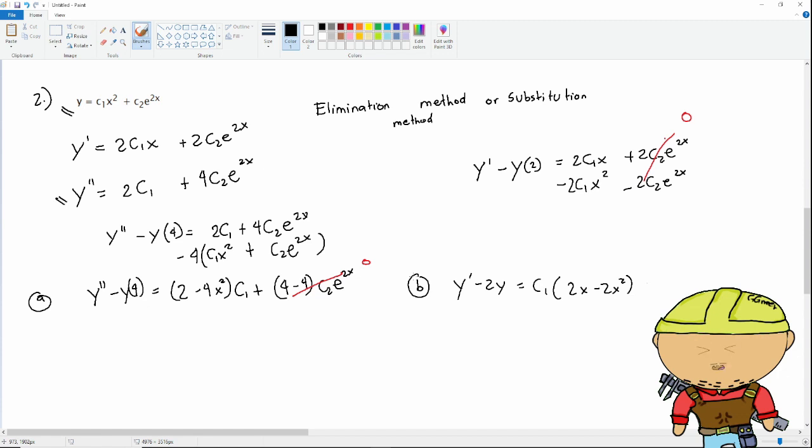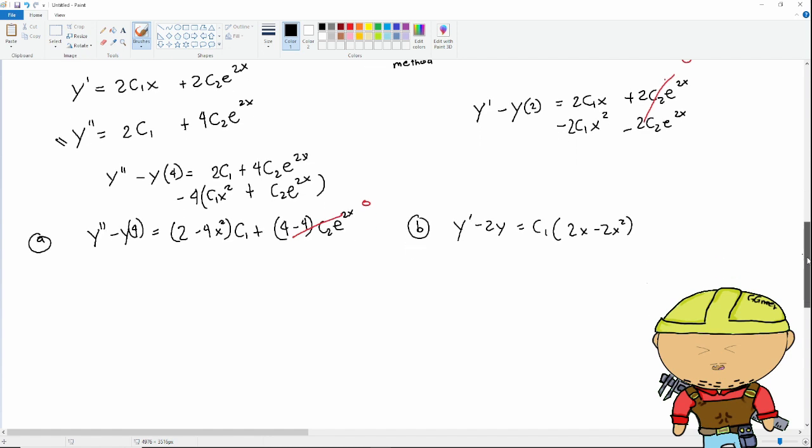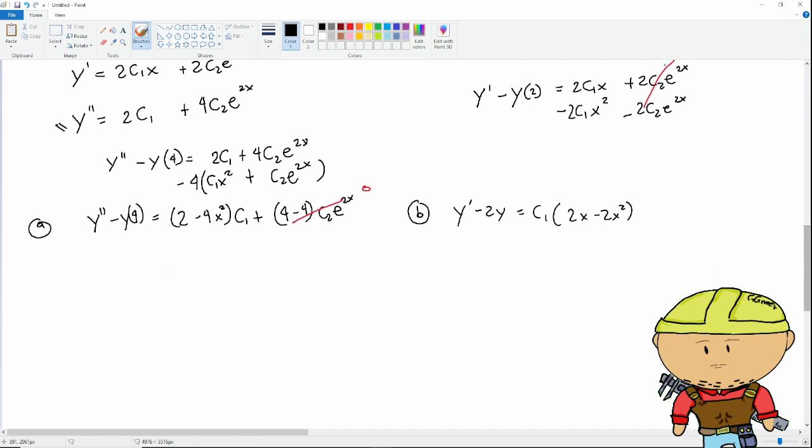Both have c1. We can now proceed to eliminating c1 by dividing A over B. This is a manipulation decision. We're just manipulating the equation to eliminate c1, because c1 is a multiplier in both.